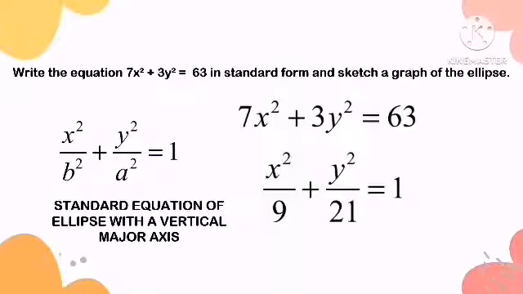Next example. Write the equation 7x squared plus 3y squared is equal to 63 in standard form and sketch a graph of the ellipse.